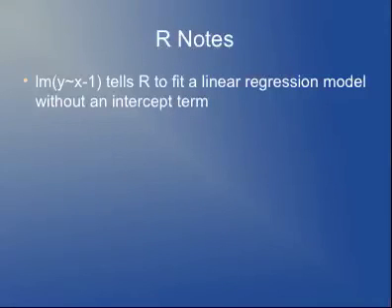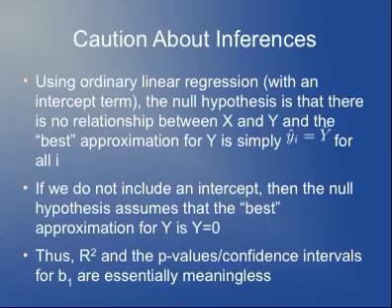In general, in R, if you say y twiddle x minus 1, that tells R to fit a linear regression model with no intercept. So why do I say not to use regression through the origin, or why don't I like to use it, at least?